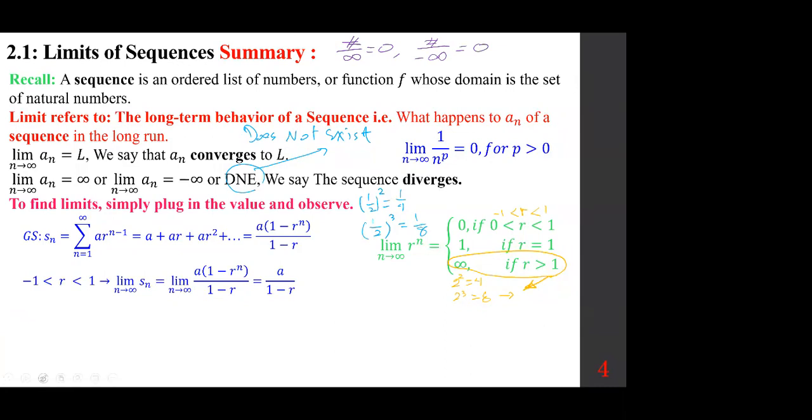When r is between -1 and 1, then this goes to 0 when n goes to infinity, and so you get a over 1 minus r. We also have this case, okay, so again, this is for geometric sequence.